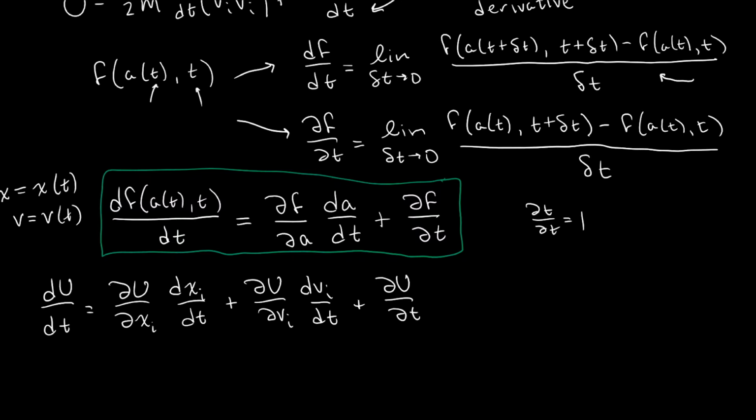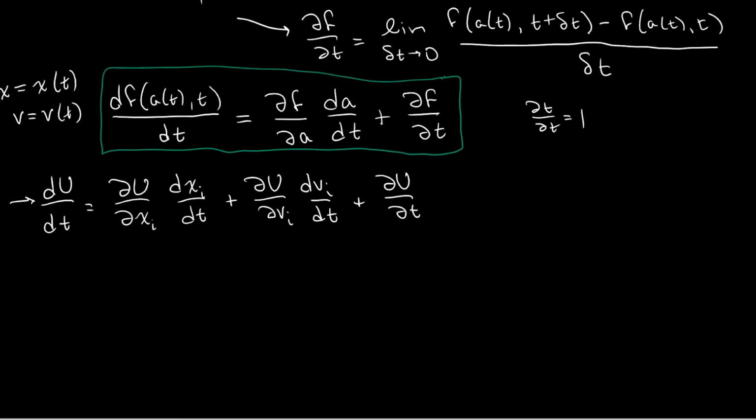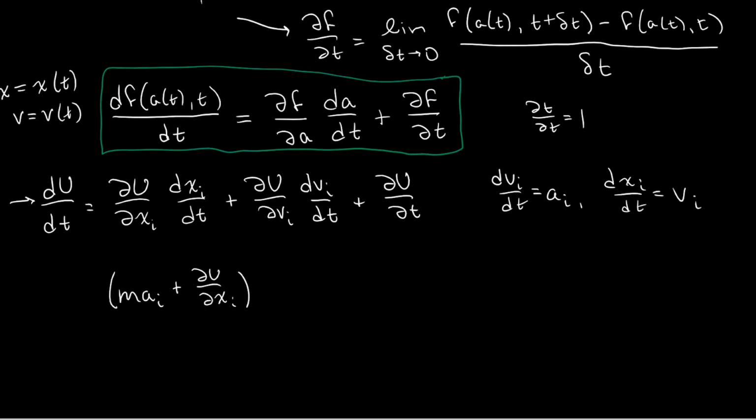So okay, now I combine all of this stuff together, and I look at this equation, and what I find is that for a conserved force in this case, if I write out dvi dt as the acceleration and dxi dt as the velocity, I find m ai plus du dxi times velocity plus these extra terms, du dvi and du dt, equals 0.